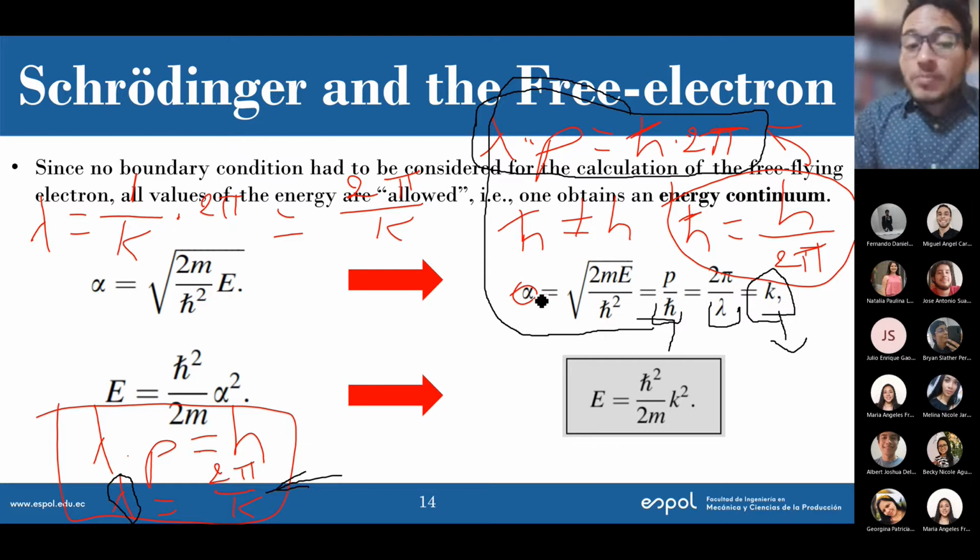And remember, the wave number is just the inverse of the wavelength times 2 pi. It's the frequency of the wave, right? But in simple terms, it's just the inverse of the wavelength. So alpha becomes the wave number.